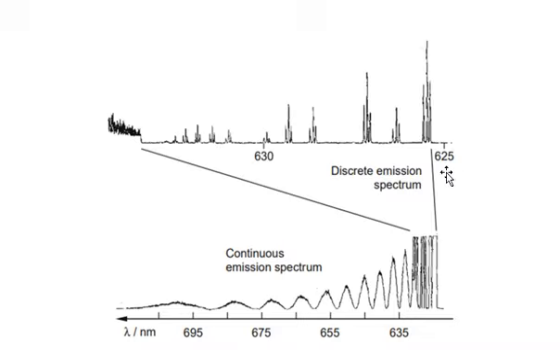The spectrum starts from 625 nanometers, and you should follow the progress of this spectrum towards the left, towards 630 nanometers. You will notice that the spectrum is discrete, giving you single lines. These are the Fano profile of the spectrum.